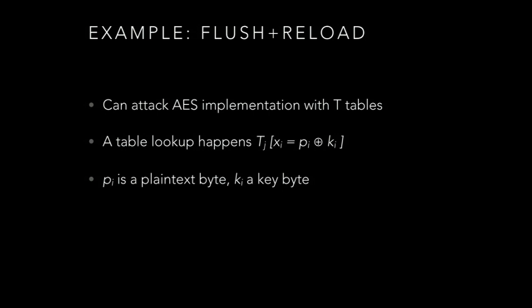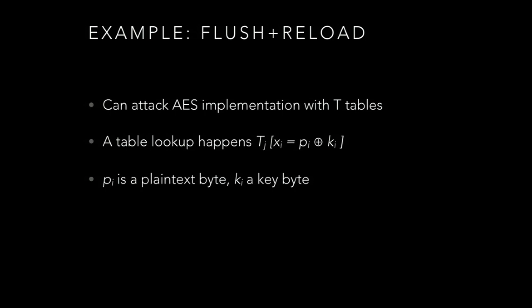It'll look up something that it needs to generate the encrypted stream, and that thing is an XOR of the plaintext byte and a key byte. As you can see from the syntax, what it wants is somewhere else in the table, in other words somewhere else in memory, depending on what the plaintext byte is and what the key byte is.